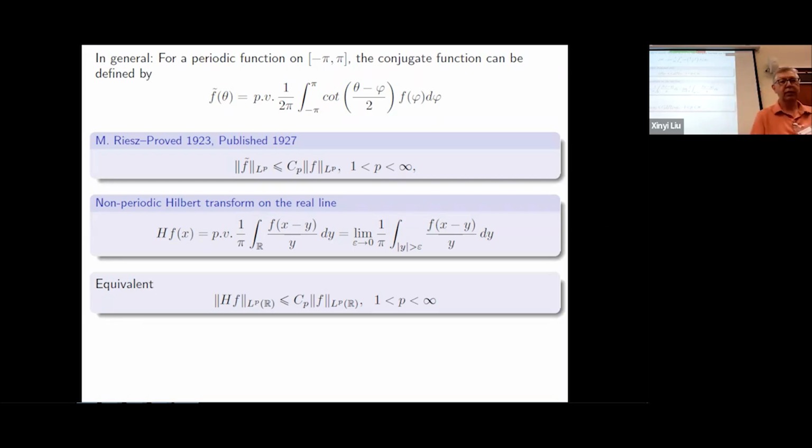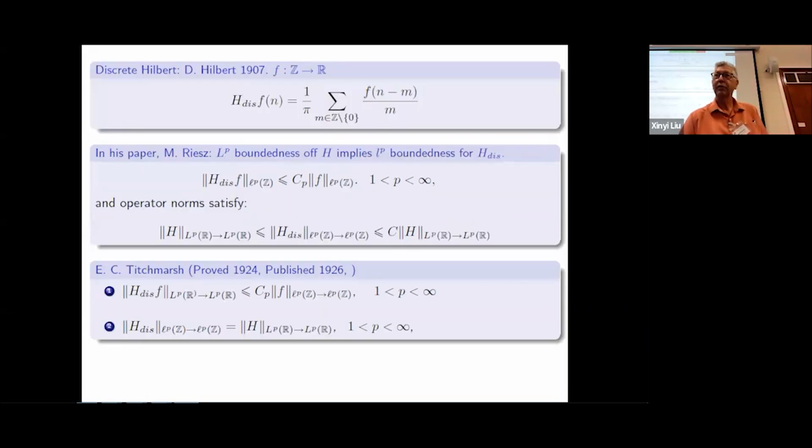Why is it called the Hilbert transform? Even I did not know this for many years. The reason is that Hilbert in 1907 introduced various quadratic forms, some of which are very well known to all of us.